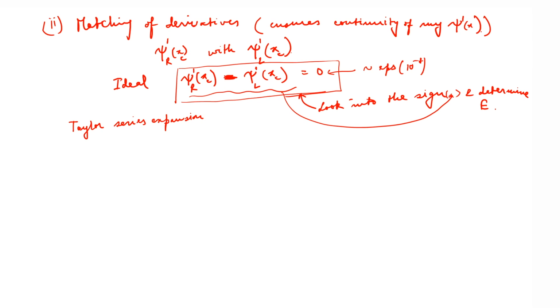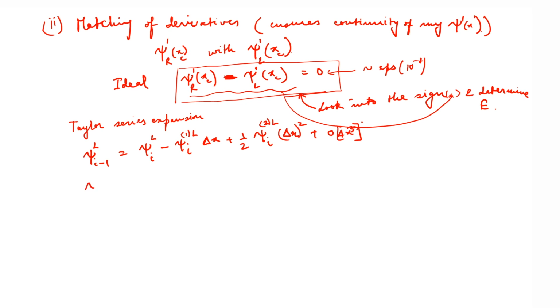So, if I do the Taylor series expansion of my left wave function, psi L at I minus 1, this is equal to psi I L minus psi 1 L at I delta x plus half psi 2 L at I delta x square, plus the third order term.